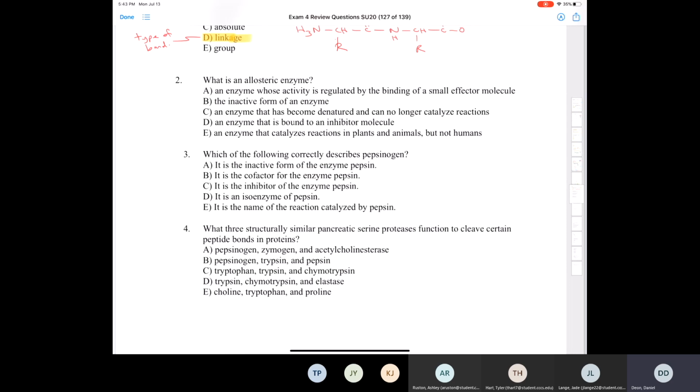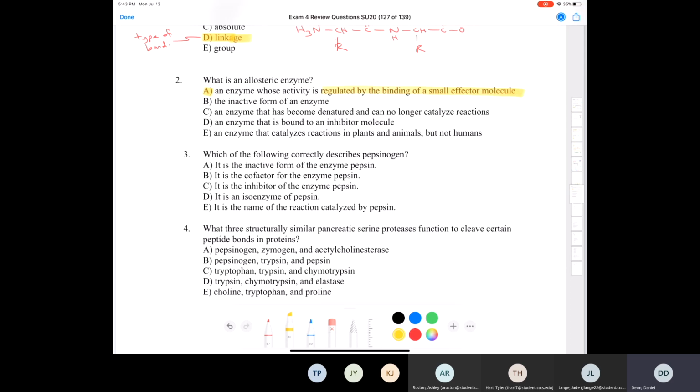But the difference between a regular enzyme and an allosteric enzyme is that an allosteric enzyme has a second binding pocket, or a second part of the molecule, where a small molecule can bind to either turn the enzyme on or off. And so the answer to number 2 for chapter 19 is an enzyme whose activity is actually regulated by the binding of a small effector molecule.